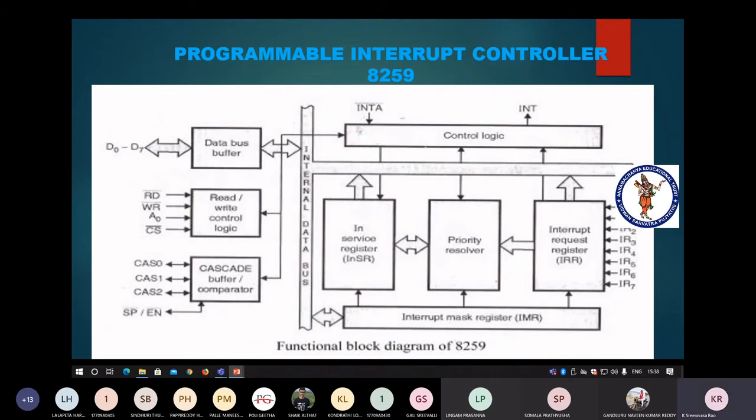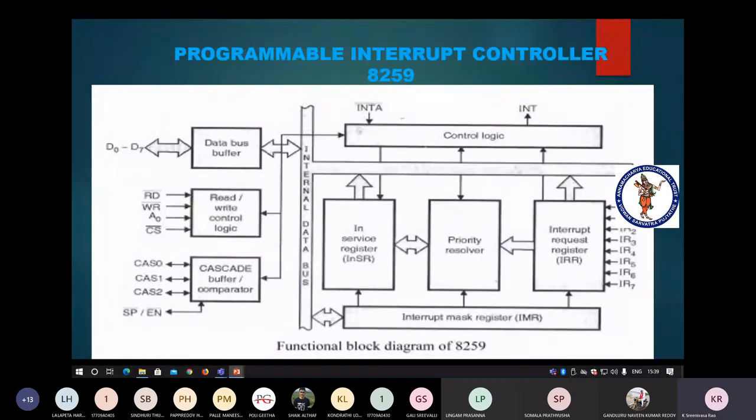Yes, this is the concept here. These programmable interrupt controllers are required whenever more than one device is requesting the processor, or more than one device is connected to the processor through a single interrupt request line.